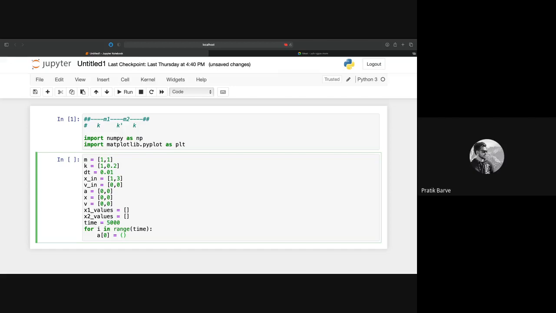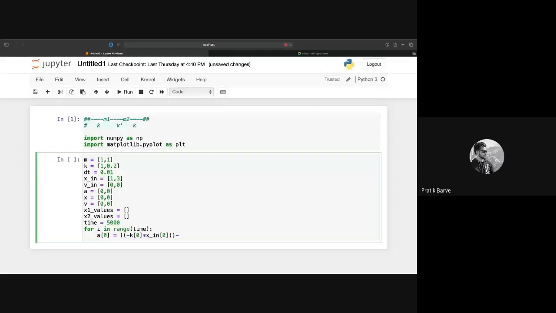Let's write the formula for that. Now we have minus of k, the first k value, into x1, so that will be x initial first index. Then we have to subtract this from the k dash value, because it will be influenced by the other, into k dash, into the distance between the positions of x.